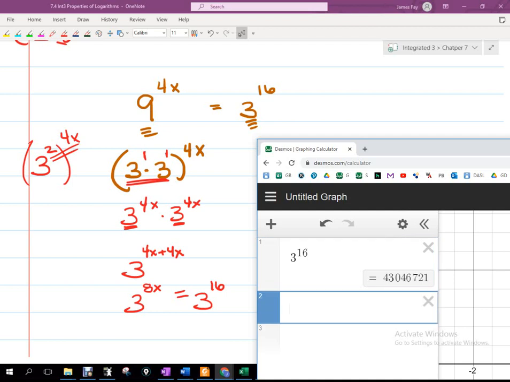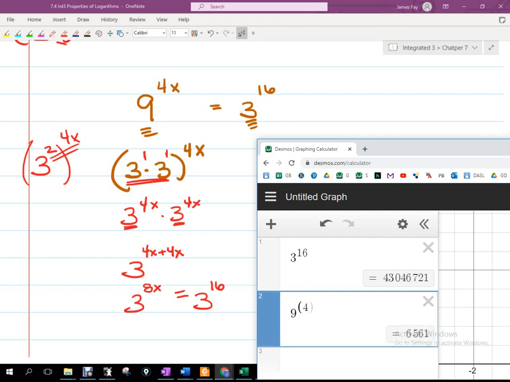Sometimes your calculators, because of their memory, their RAM, which costs money to make, won't allow you to do calculations past a certain threshold, okay? But now 3 to the 16 gives me that. Now if I go 9 raised to the 4, and we found x to be 2, right? So 4 times 2, I have to put that in parentheses.